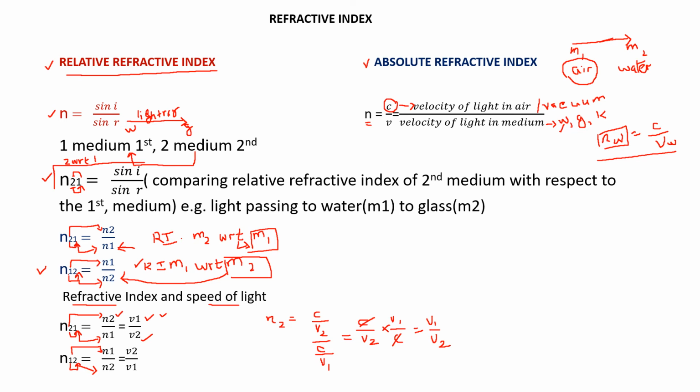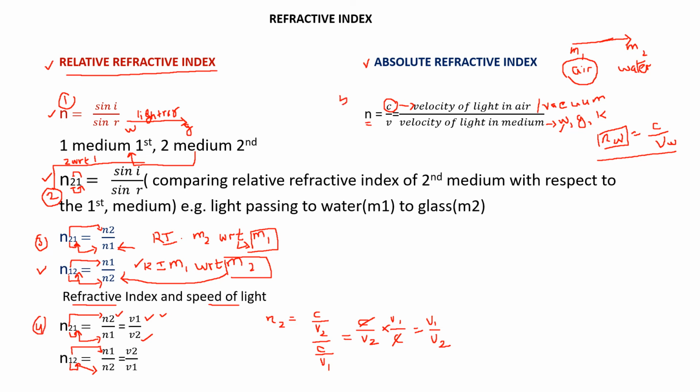Clear? So we have done 5 formulas of refractive index, right? This is the first formula. And this is the second formula. And this is the third formula. This is the fourth formula, and yes, this is the fifth one.